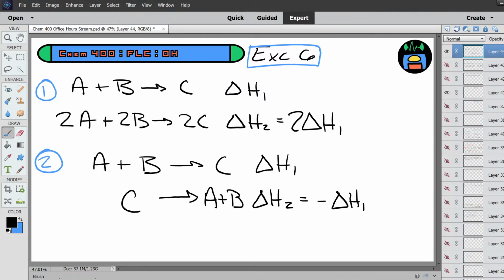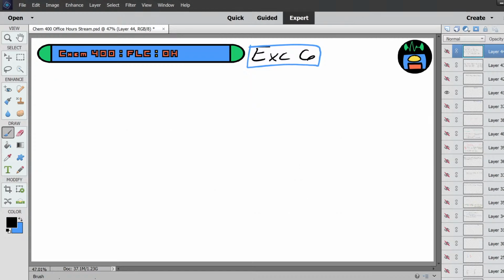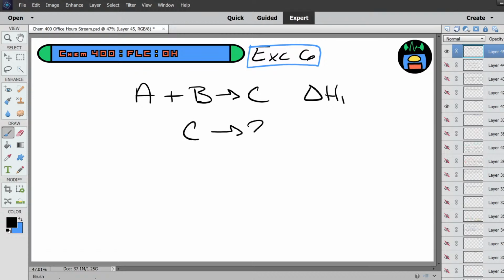All right, so you can flip any reaction around. You just multiply your delta H by -1. The last rule is you can add two reactions together. So if you have A plus B produces C, say this is delta H1, and then you have a second reaction where C decomposes into 2 moles of D, we'll say that this is a delta H of 2.